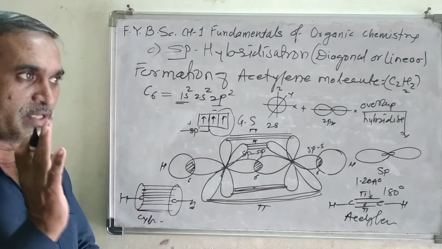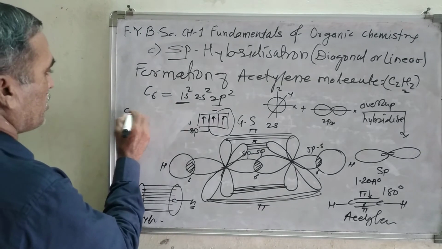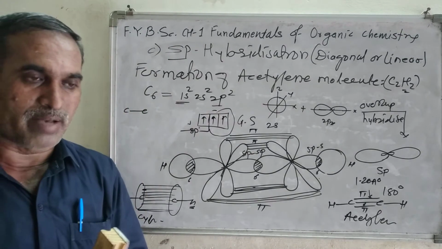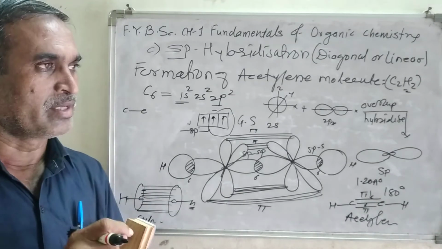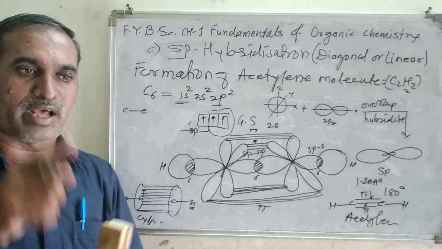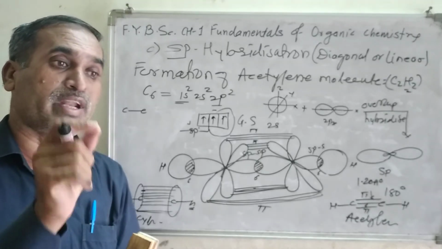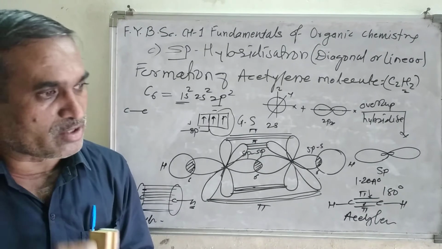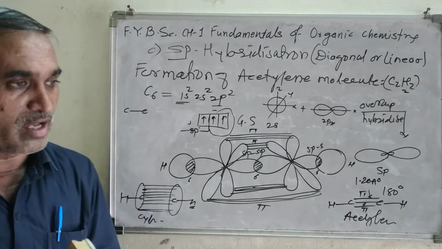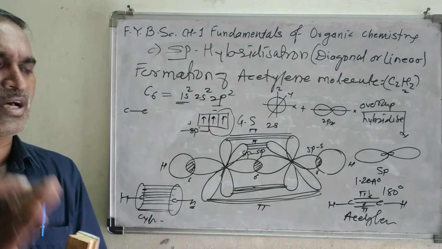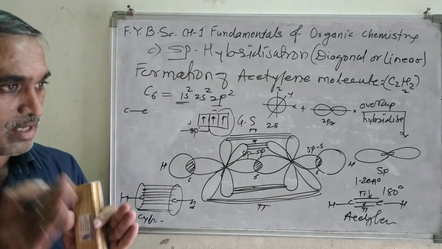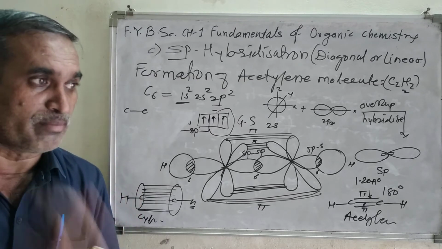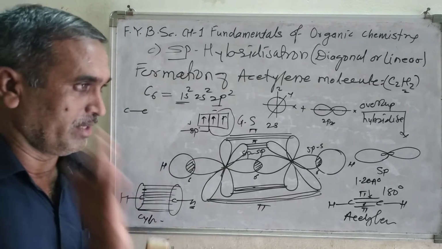First one is sp3: if a carbon carbon single bond is present, what type of hybridization is present in those organic compounds, they show sp3 hybridization, and that has a definite geometry which is tetrahedral geometry. And what is the bond angle found there? Bond angle is always 109.5 degrees, right? So that is the thing you have to remember here.